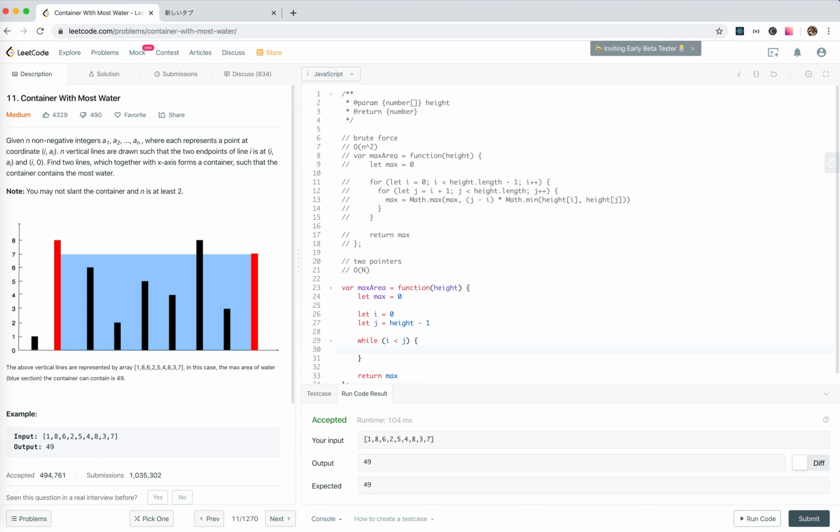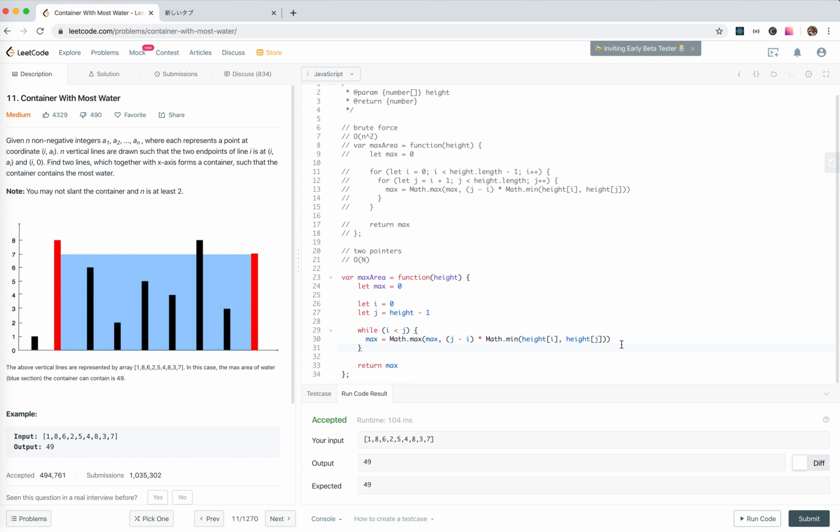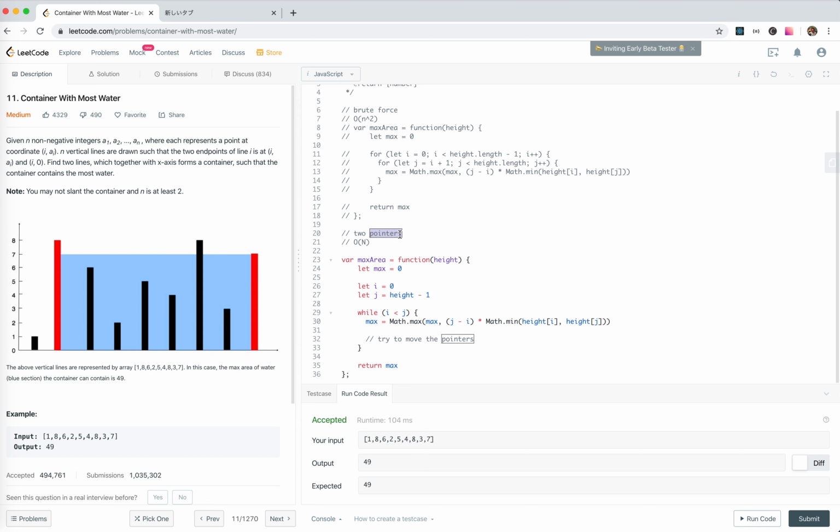First, we calculate the water, which means max is the max of this and the min. This is the same. Then we try to move the pointers. Two cursors, I don't know the formal name. Left and right cursors. Anyway, you know what I mean.